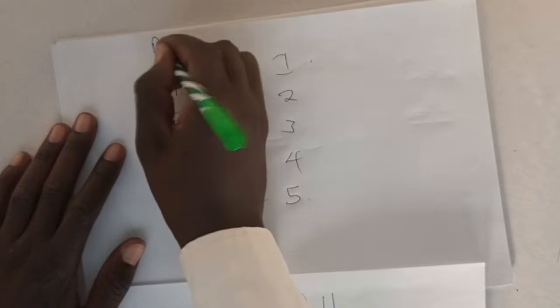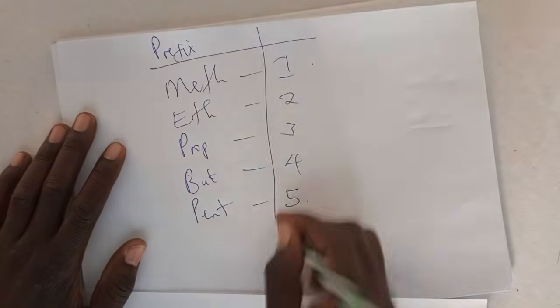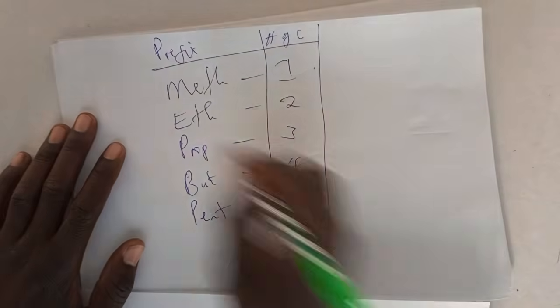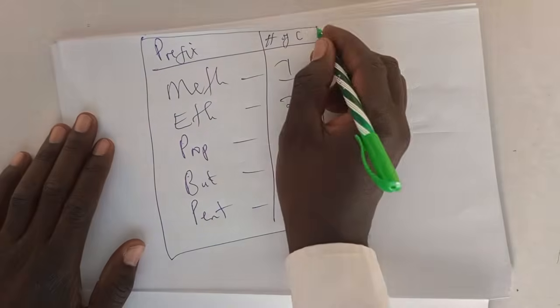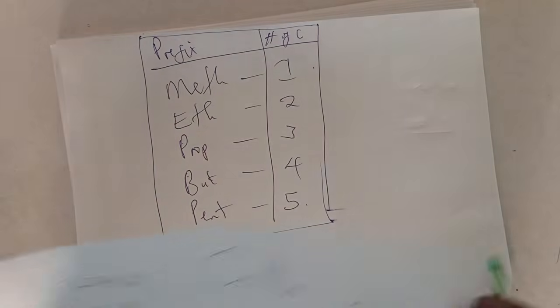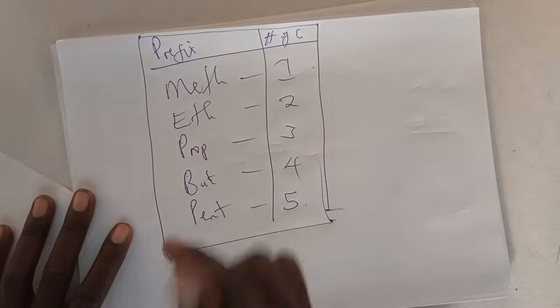This is the prefix, which gives the number of carbon atoms. This is one of the things that one needs to understand when you go into organic chemistry.